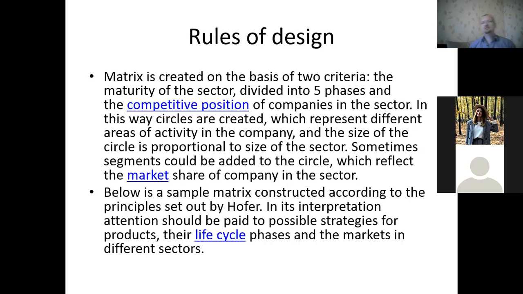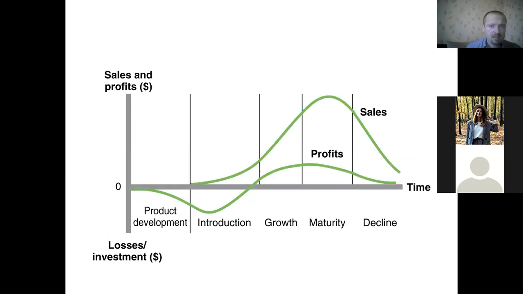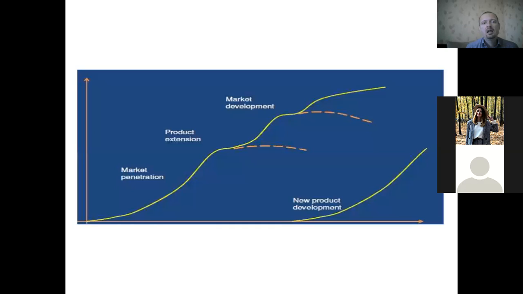We are using this matrix to create a corporate strategy for a diversified company. As the first dimension, we are using this curve, and the main idea of this matrix is to prolong our sales and to make them more stable.